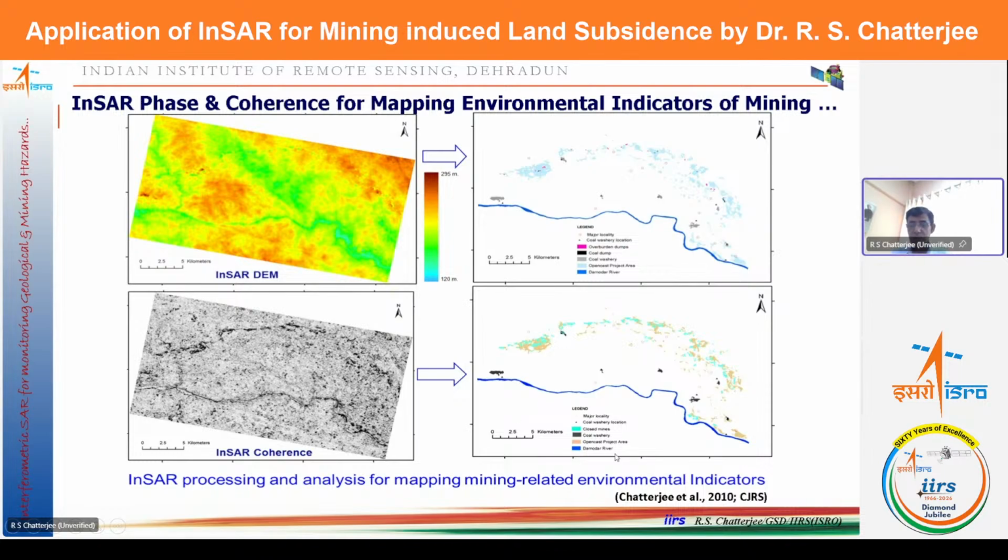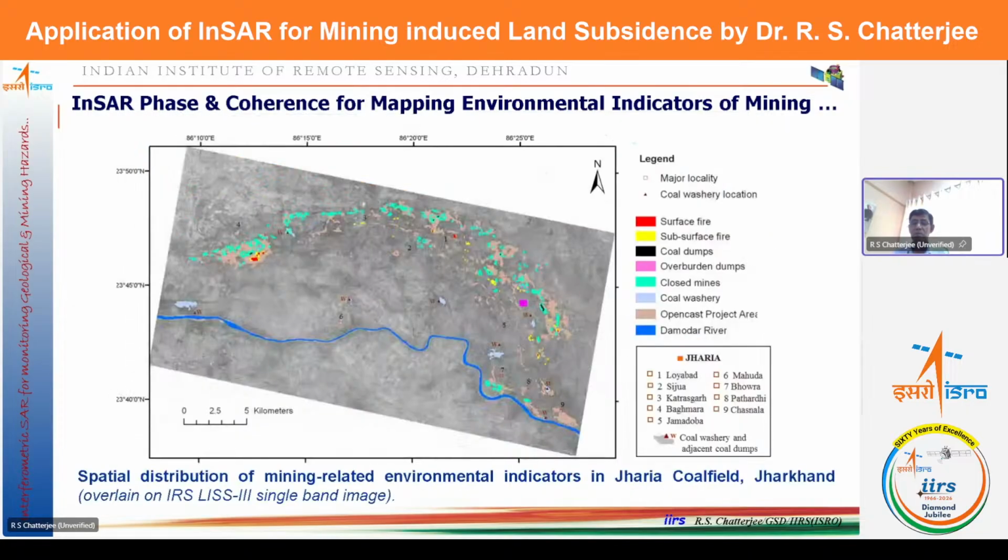Out of that, we can map very nicely the closed mines, unreclaimed abandoned mines, the coal washeries, and the open cast mining area or project area where the mining is ongoing now. So this kind of information you can derive from interferometric SAR, and you can combine it together with the optical image, the InSAR processing, as well as the thermal data.